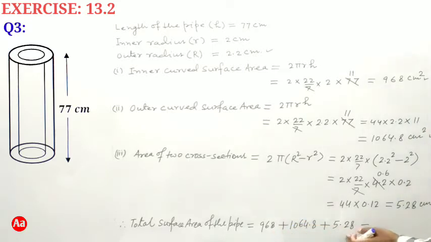If we add these three numbers, we get 2038.8 centimeter square, and this is the total surface area of the pipe, and so this is the answer.